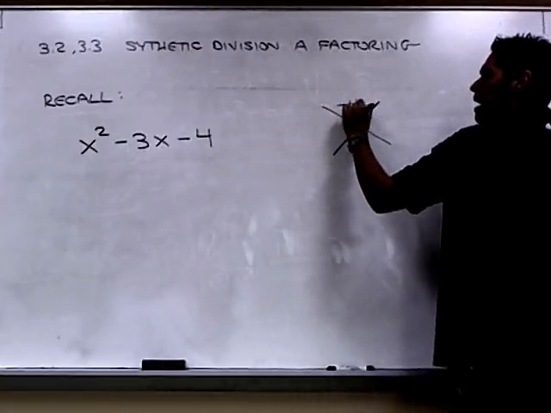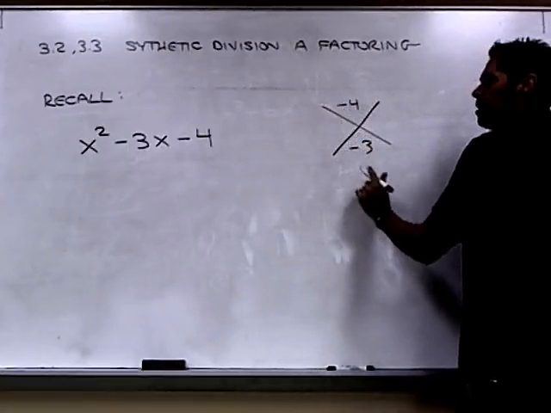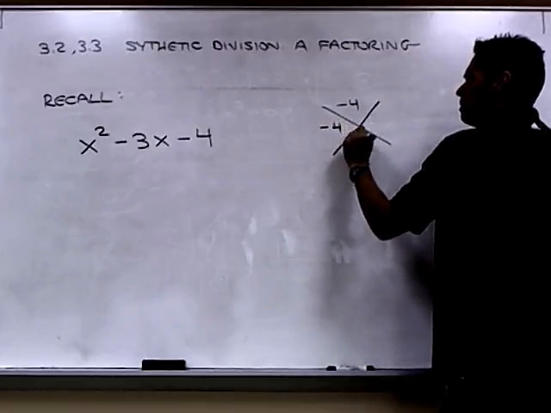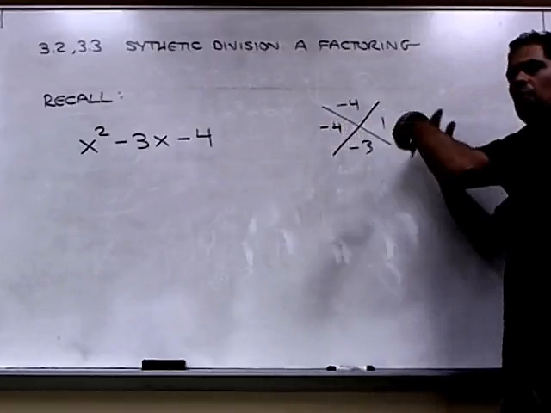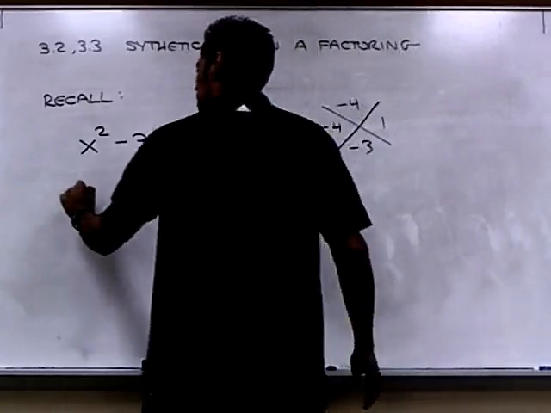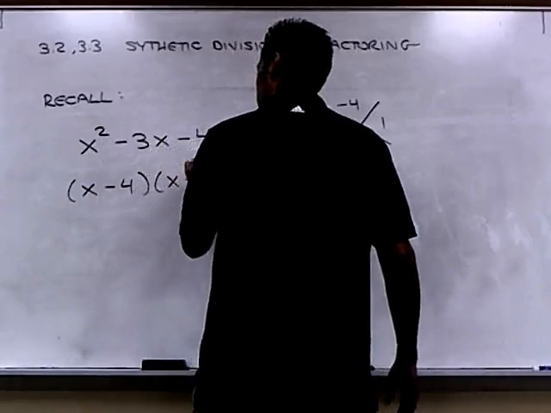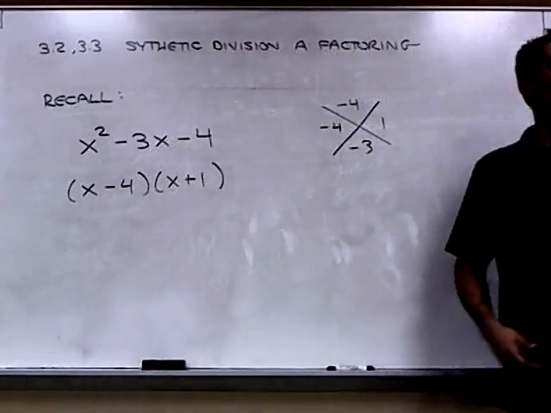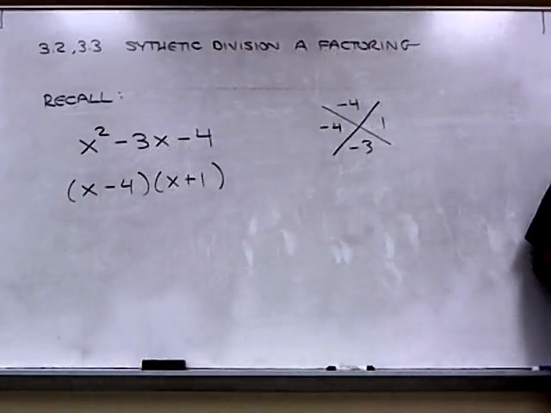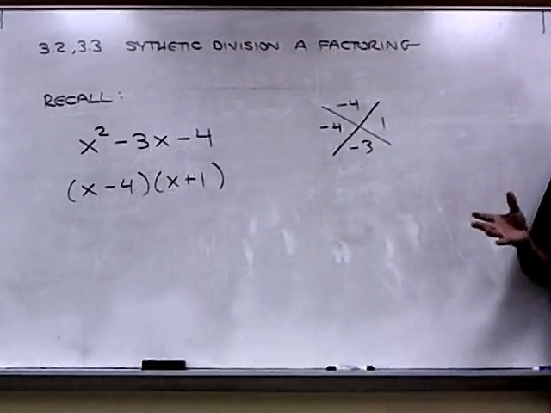You could do this, right? AC method maybe. Come up with two numbers. And then go through the whole process. And you would come up with x minus 4, x plus 1. That's the way that you were taught to factor, or maybe you weren't taught that, but you were taught some way of factoring this.